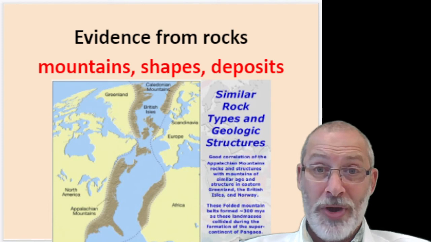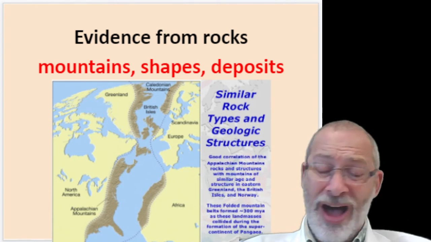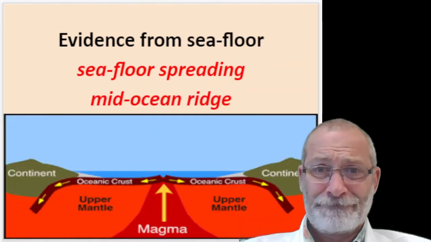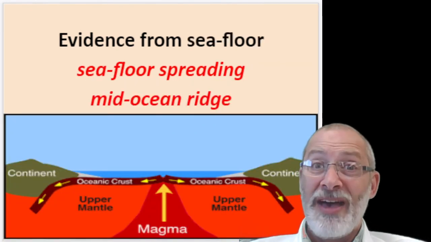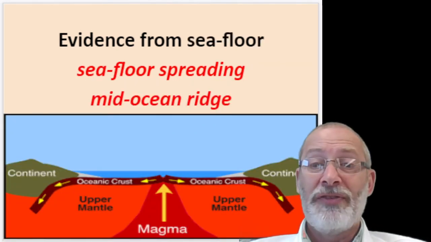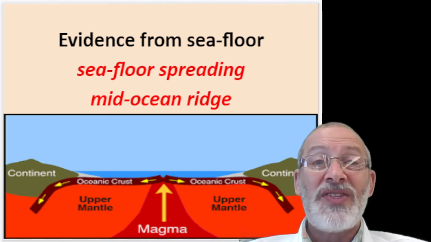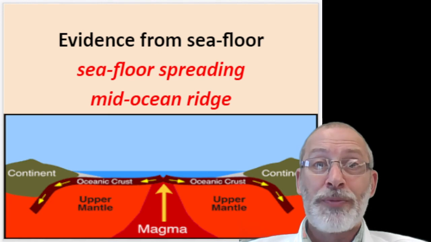Now, to support this evidence from rocks, here's something that can be observed today. Another major form of evidence for the theory of continental drift is the evidence from sea floor spreading.